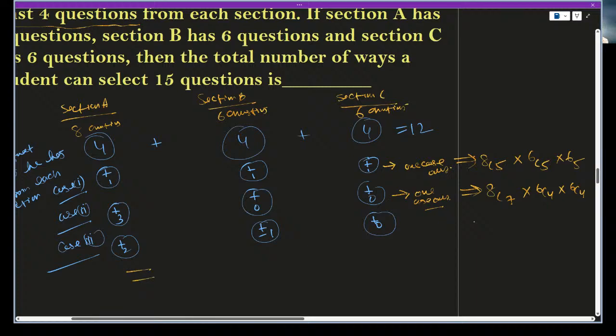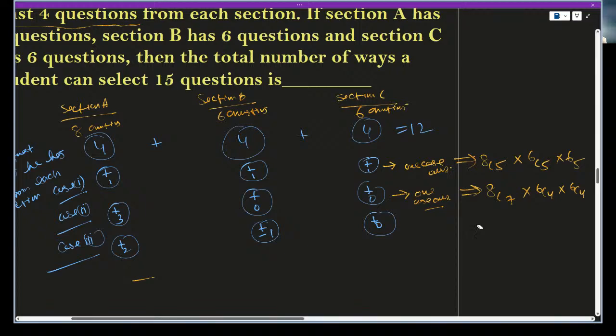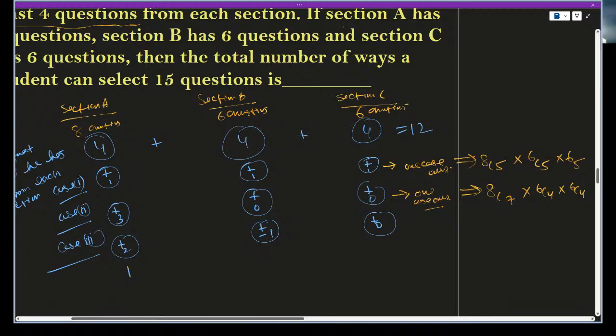Why? Because maybe you are taking this, better you write more cases. 2, 1, 0, no? Then you write 1, 2, 0.